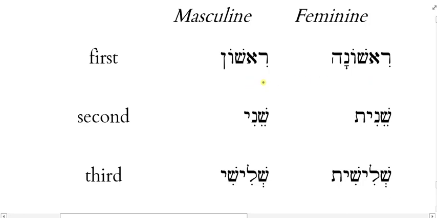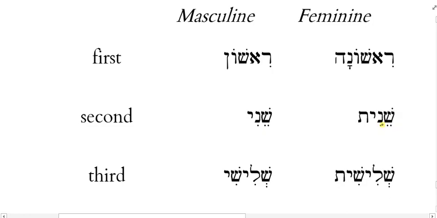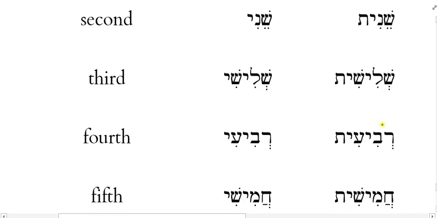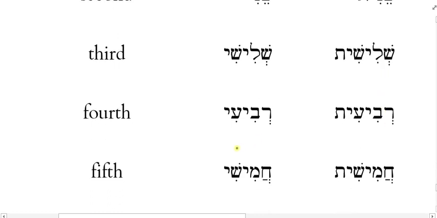Rishon, the first masculine thing. Rishonah, first feminine. This word for second is sheni, feminine singular, shenit. I wonder if you're going to notice a pattern here. Third, shlishi, masculine, shlishit, feminine, third. Revi'i, fourth, revi'it, fourth, feminine.